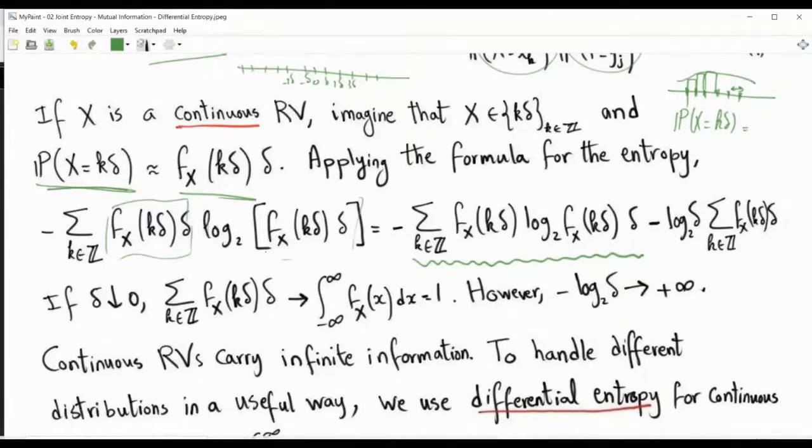What about infinitely many values? Is the entropy defined? Well, it is defined for some random variables, but for others, such as discrete random variables that may take the values of the natural numbers, the summation for the entropy may sometimes explode.